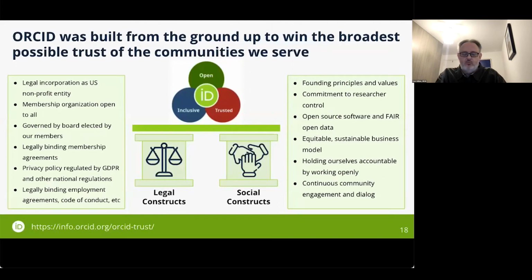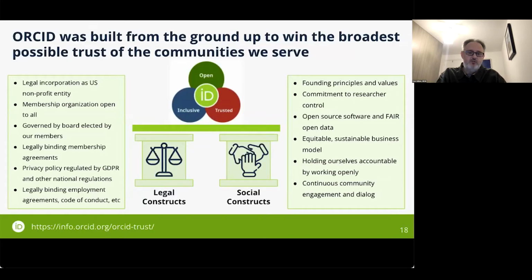So, you know, obviously, because we want to be used so broadly, and because we're dealing with personal data of researchers, establishing the trust of the community has been absolutely key to get as far as we have and to get all of the participation that we've managed to achieve in our first decade.